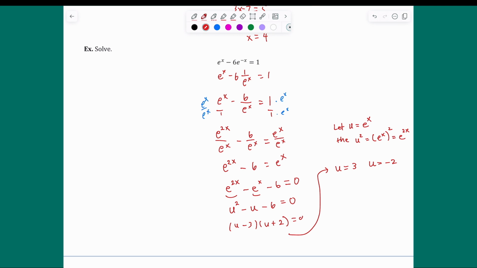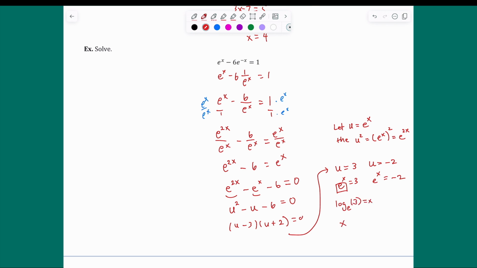And so now substitute back, we could see this is e to the x equals 3, e to the x equals negative 2. This first equation here, think base here. And so what's the definition of a logarithm? Well, we could say this is basically log base e of 3 is x.